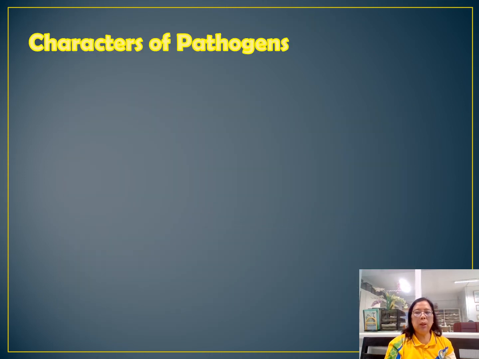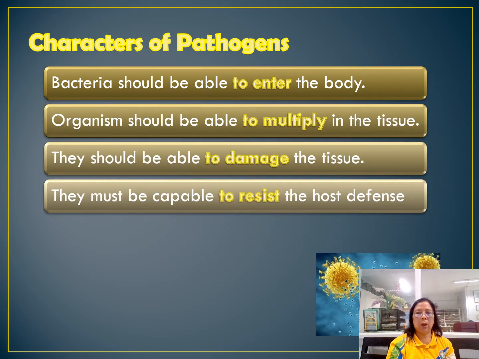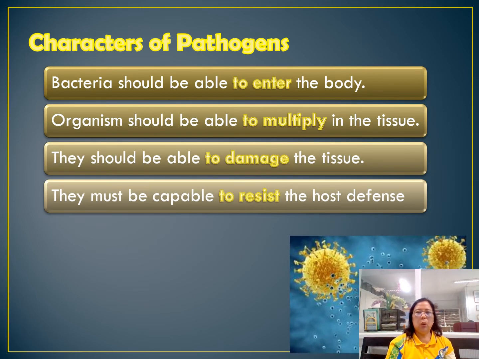And then what are the characters of pathogens? This is a very interesting topic. Okay. When do we call an organism a pathogen entering the body or causing a disease or infection?